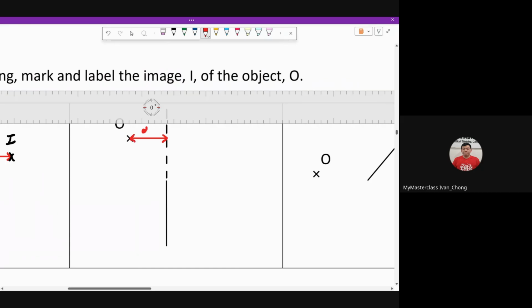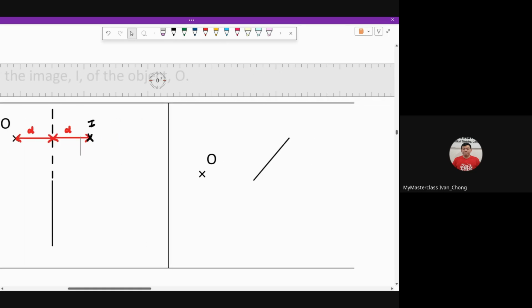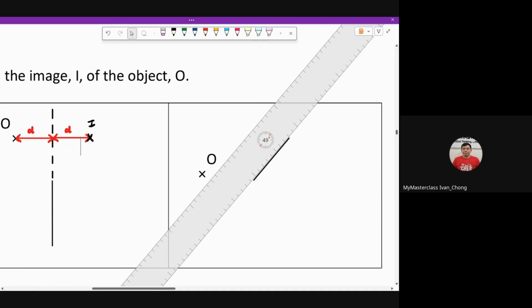This is our distance, D. So same thing, we're going to repeat it on the other side as well. Make sure that you use the same line and you'll notice that your image will be over here. Same distance apart.